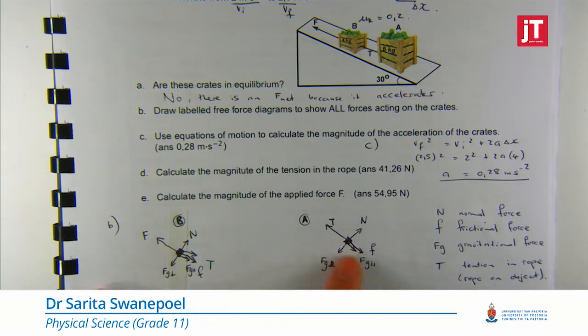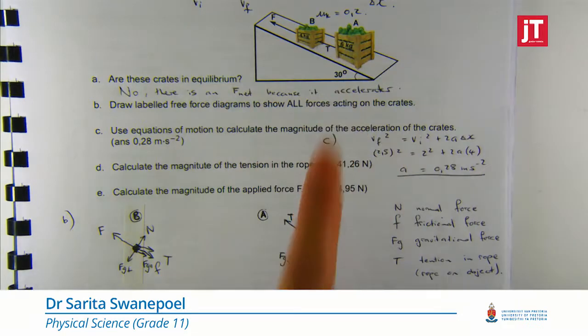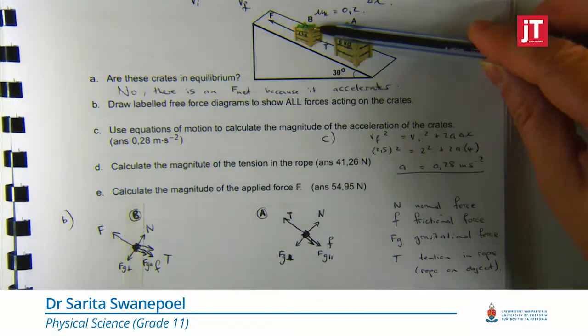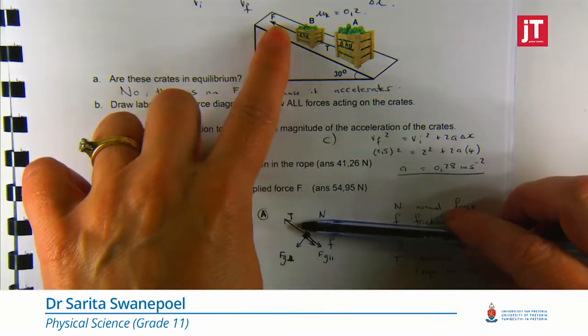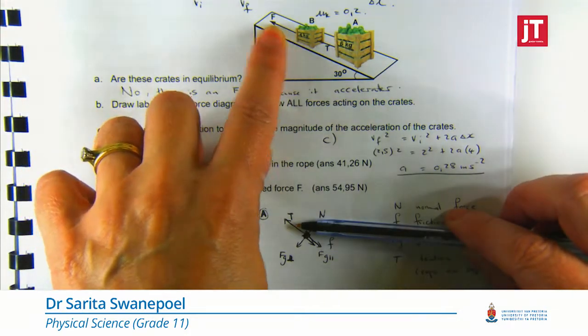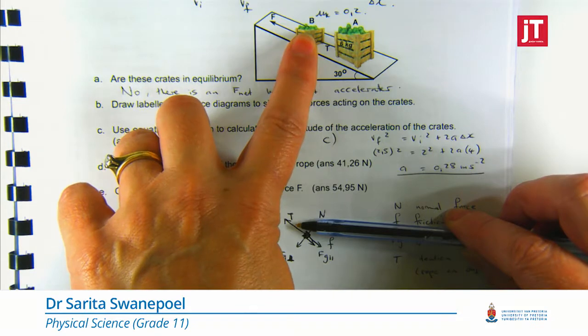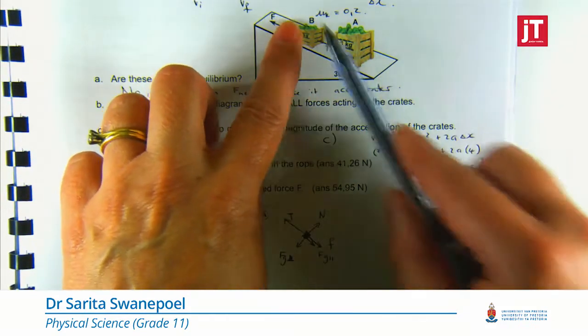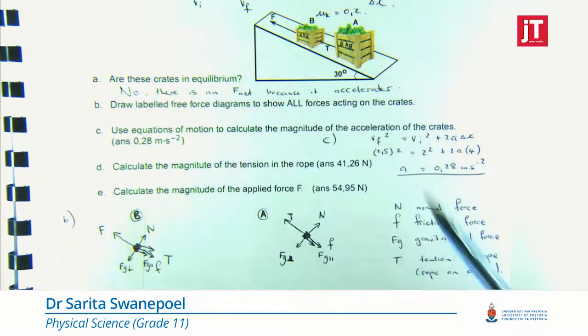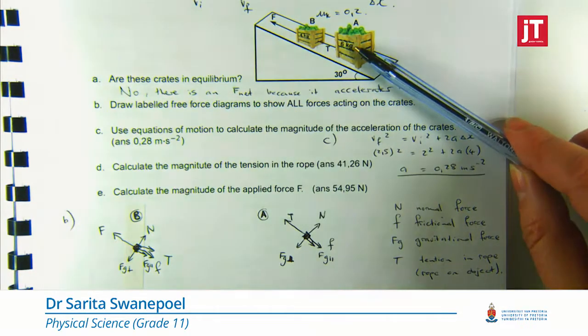Go on to the next one. What is pulling it up? Only the rope. Remember that the applied force is acting on that one, not on this one. It's pulling that one up, and that one is pulling this one with a rope. So on this one, don't put F there.